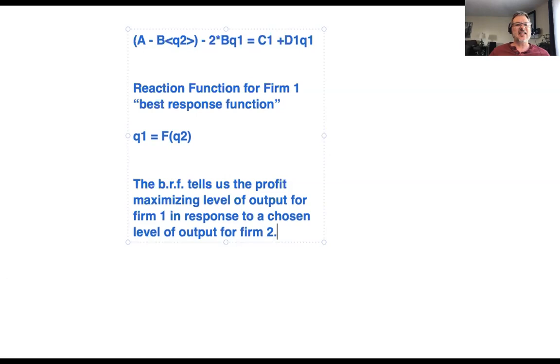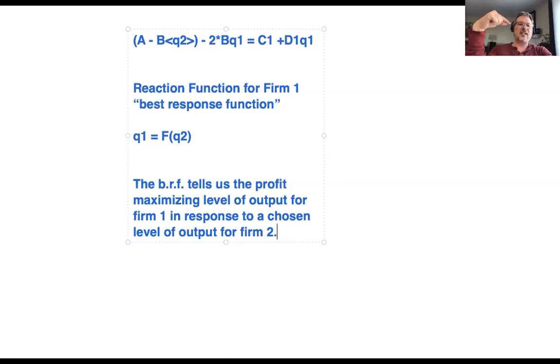Yeah, and it's because it's a simultaneous move game, and it turns out that the way these reaction functions are set up, they're only going to cross at one point, right? And if you get the best response functions, and then remember, Q2 is chosen arbitrarily, you choose an arbitrary level of output, and then you go up to the best response function, you say, okay, in response to that level of output, firm one's profit maximizing choice would be to produce this level of output. But remember, if that's not a crossing point, then they're not mutually reinforcing.